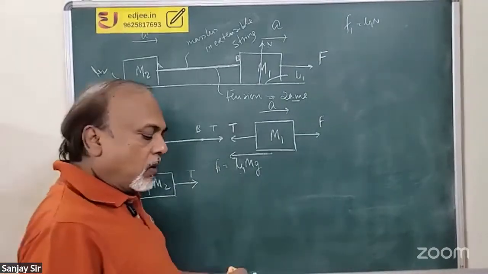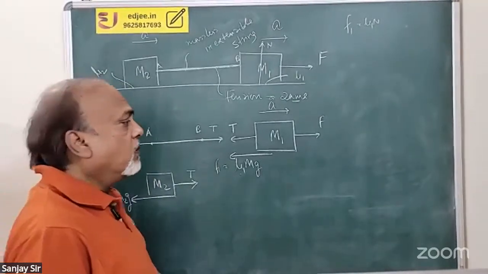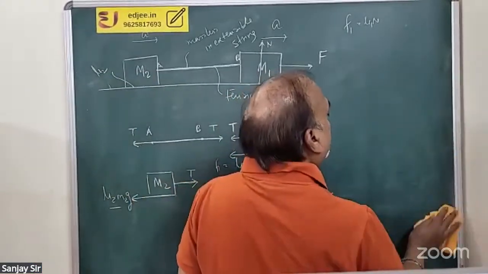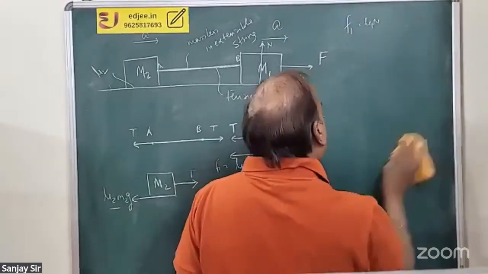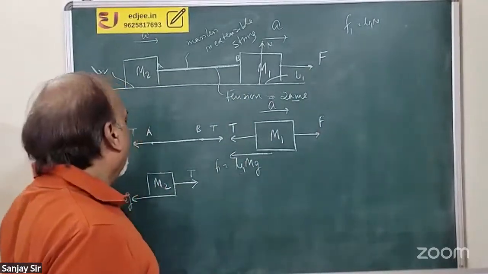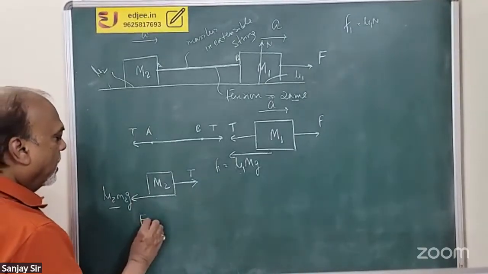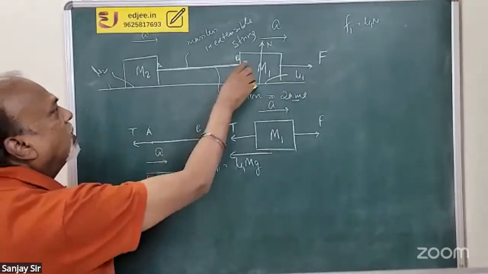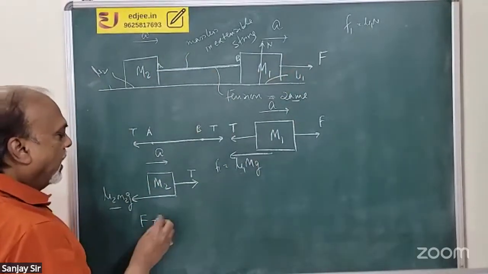Now, let us see if the friction force is there, then what will be the acceleration? Hmm? What is the acceleration? Let us see this. This is moving with acceleration A, because the string is inextensible.